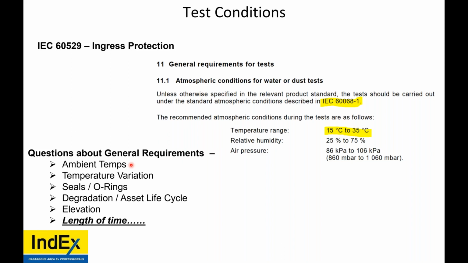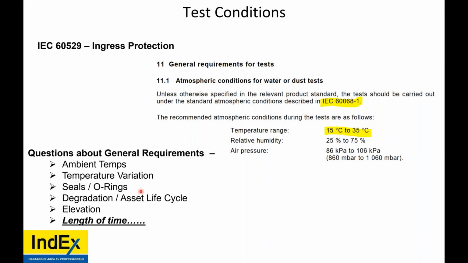So black body equipment can get higher than 55 degrees. Then there's also temperature variation or temperature swing between day and night, or even within a few hours, where a piece of equipment can go from hot to cold or cold to hot in a short period of time, which then can draw in moisture into the enclosure.